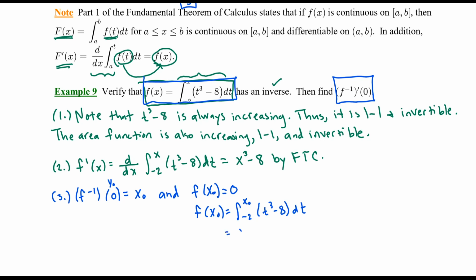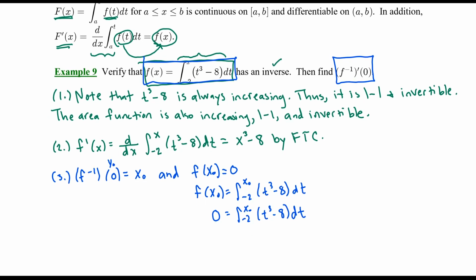Now look closely. If the integral from -2 to some x value yields 0, if the area function is 0, then we can observe that must mean that this upper limit is also -2. Therefore, x naught equals -2.